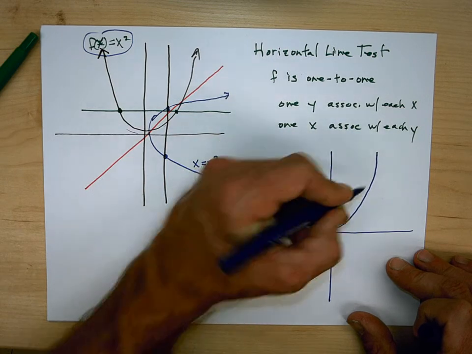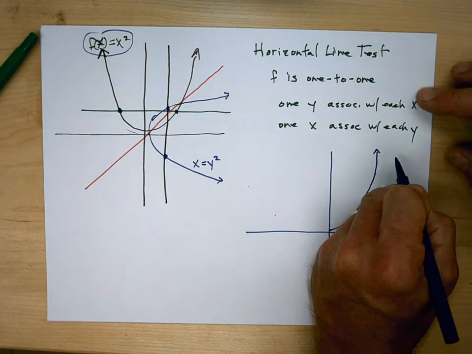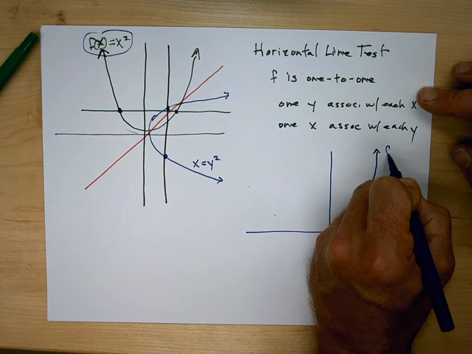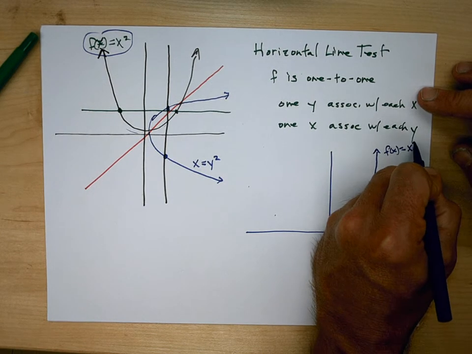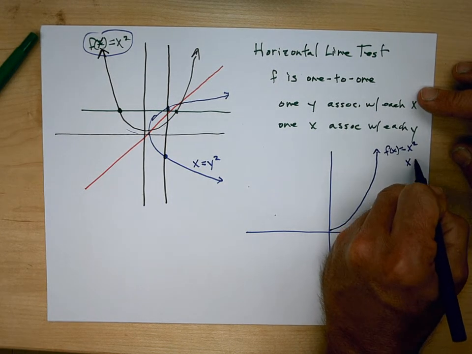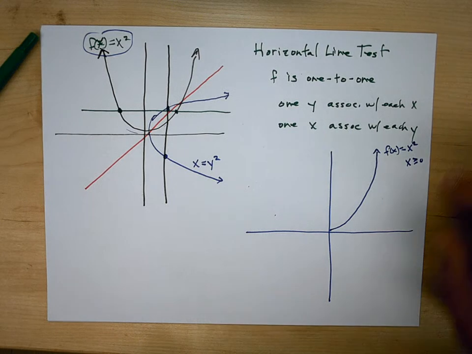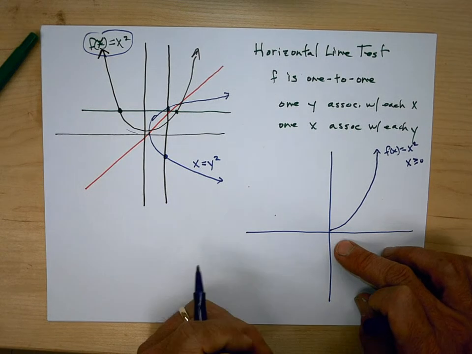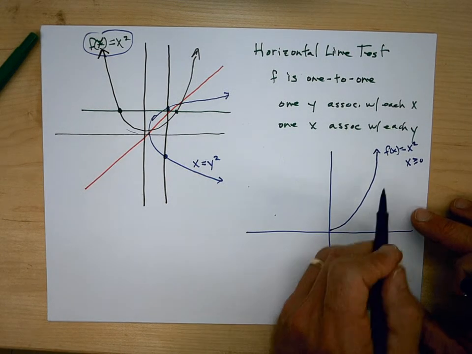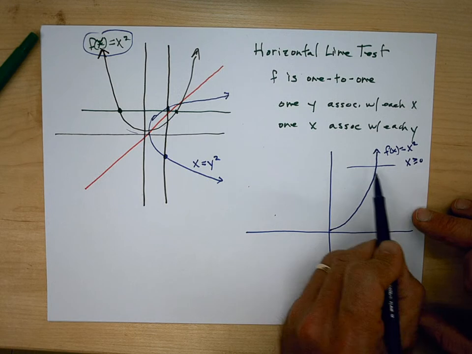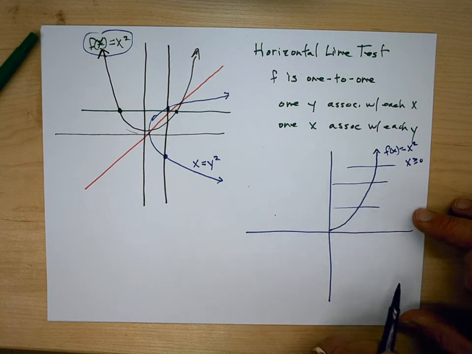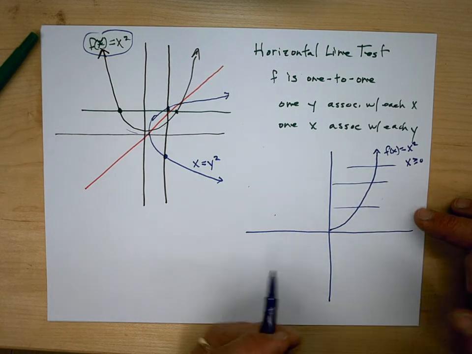We will call this f of x equal to x squared, only for x greater than or equal to 0. We're going to restrict the domain. We're not going to allow any negative x values. Notice now it does pass the horizontal line test. Any horizontal line that we could draw through here is only going to hit the graph in one place.